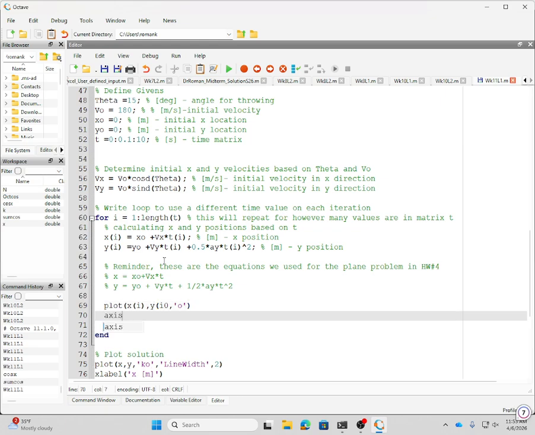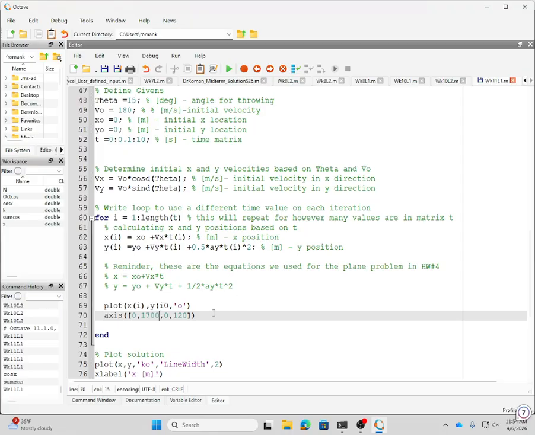Every time the for loop runs, I'm going to type this axis function where I'm defining the axis values from 0 to 1700 and 0 to 120, not 17,000, 1700.